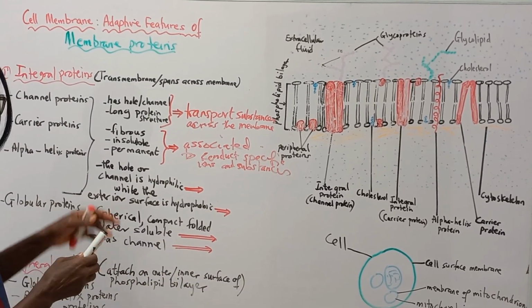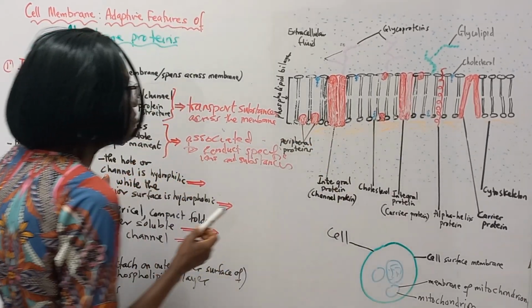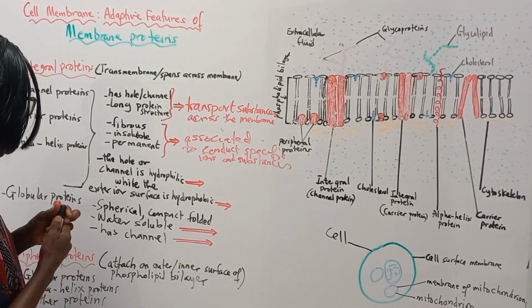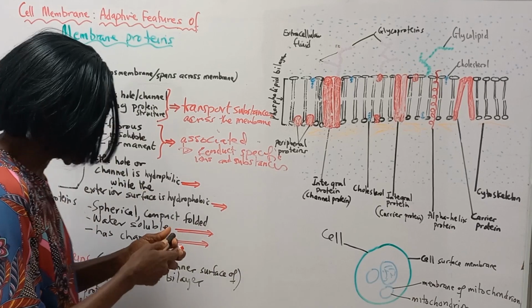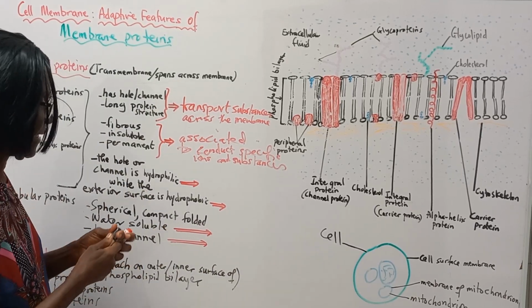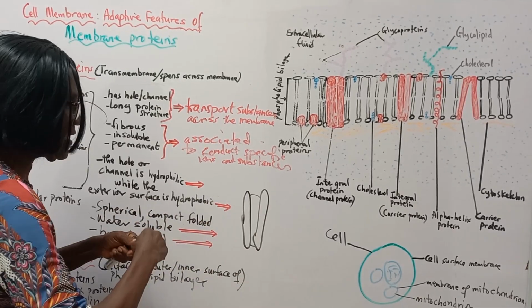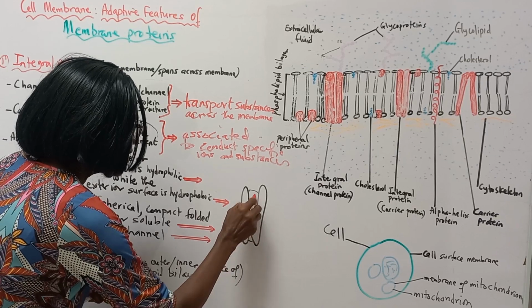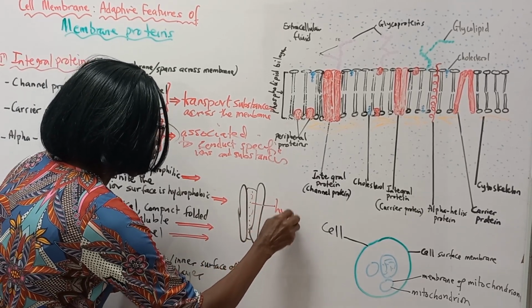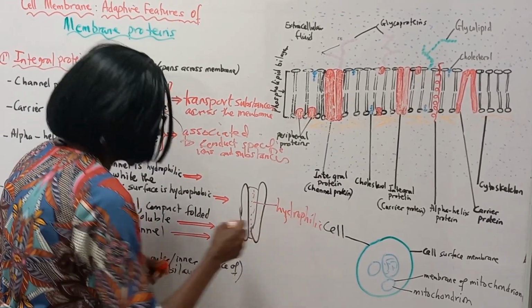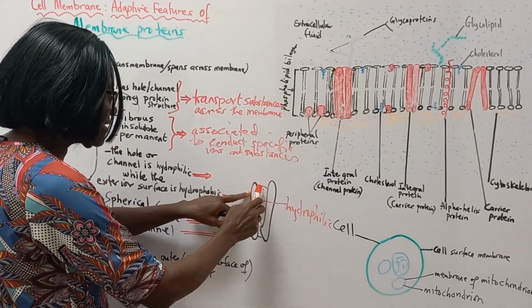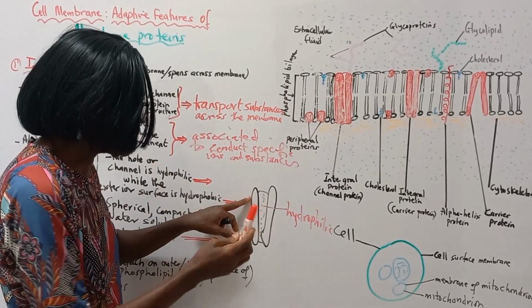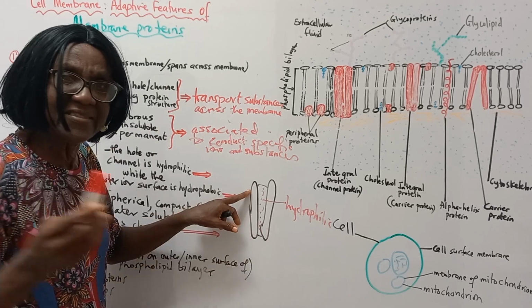Another adaptation of these transmembrane proteins is that the channel through which substances pass is hydrophilic. So if this is a protein, the channel where substances pass is hydrophilic, water-loving, so that ions and polar substances, which are also hydrophilic, can pass through easily.